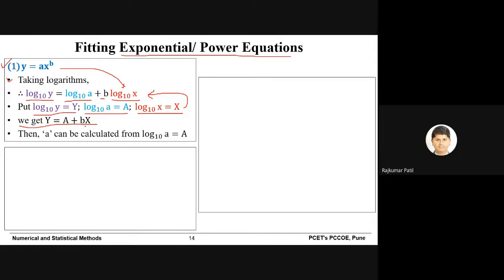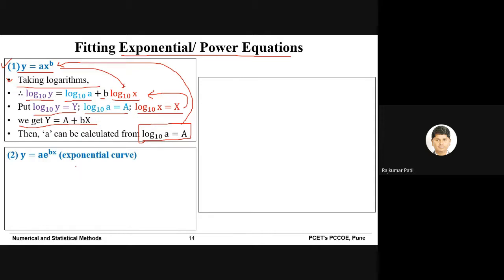Once you solve this equation, use it to calculate the value of small a. When you put that small a back into equation number 1, we will get the required power or exponential equation. So this is the method where we take a logarithm of the given equation to linearize it.